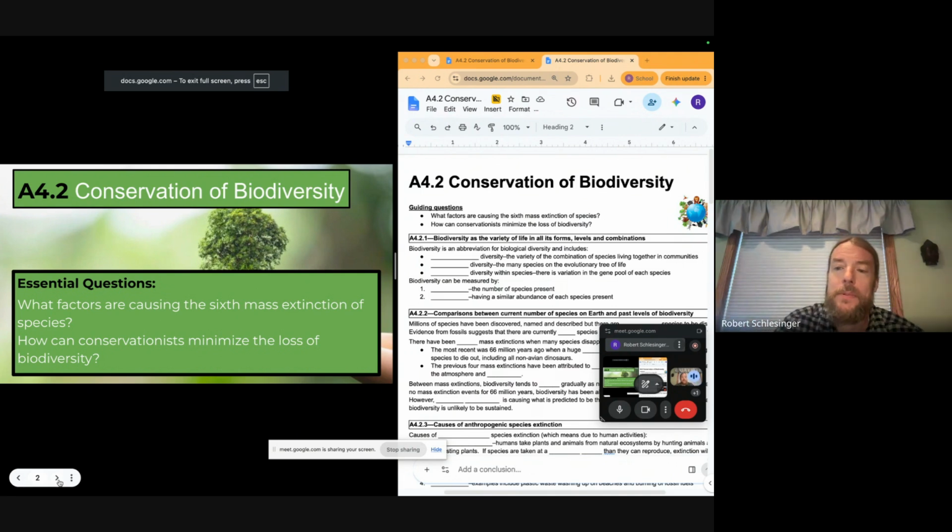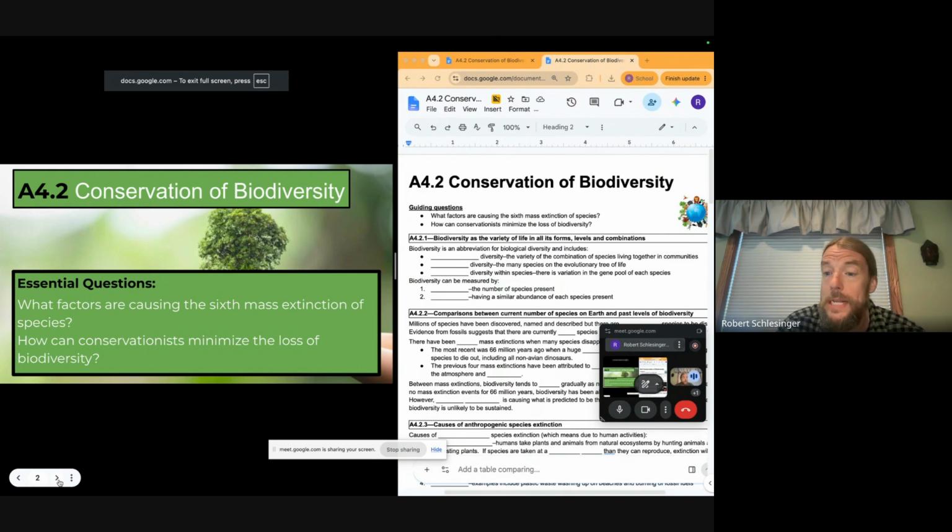So we'll talk a little bit about what causes it. We'll talk about some examples of organisms that have already gone extinct. And we'll also talk about some habitats in which multiple species are facing extinction, because it's not just a single species that's struggling with extinction. It's an entire ecosystem.